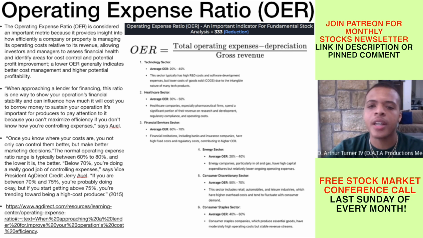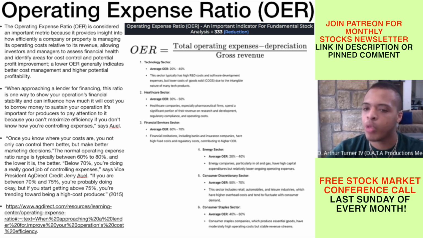In the energy sector, the average OER is 20 to 40%. Energy companies, particularly oil and gas, have high capital expenditures, but relatively lower ongoing operating expenses. Consumer discretionary sector, average OER is 50 to 70%.